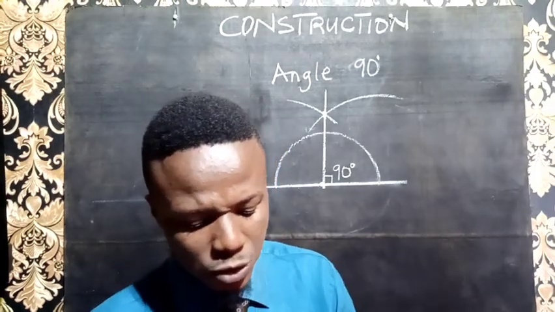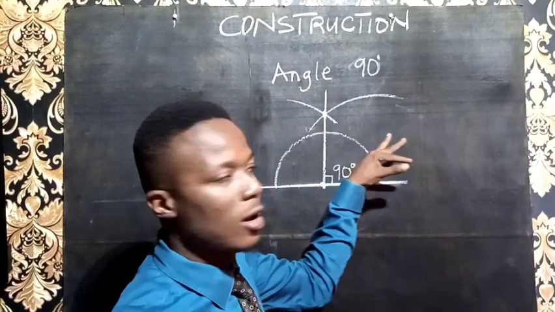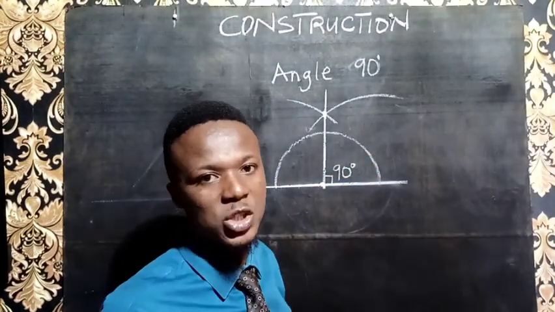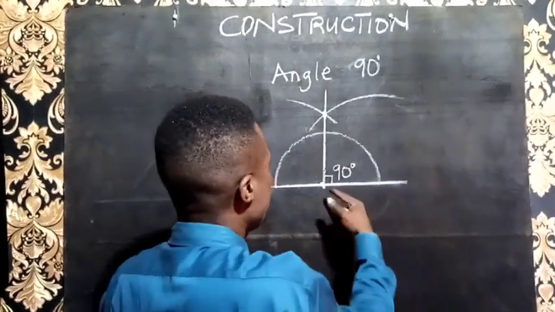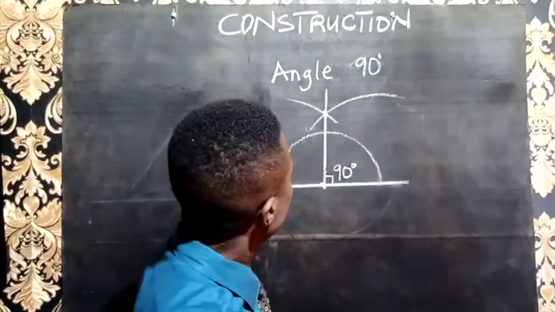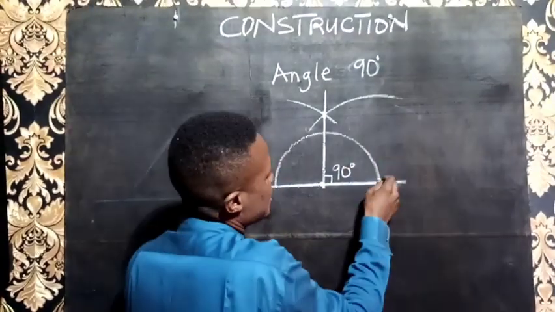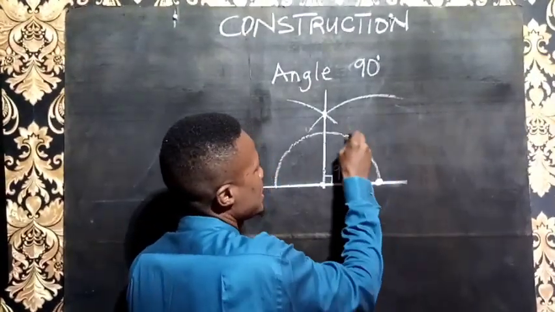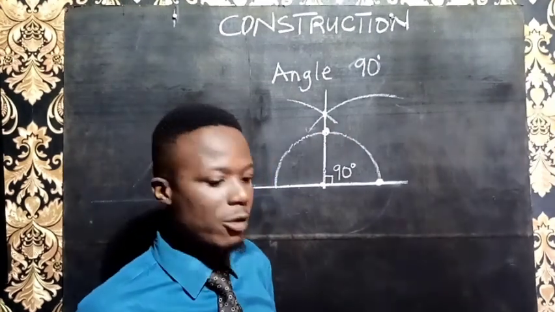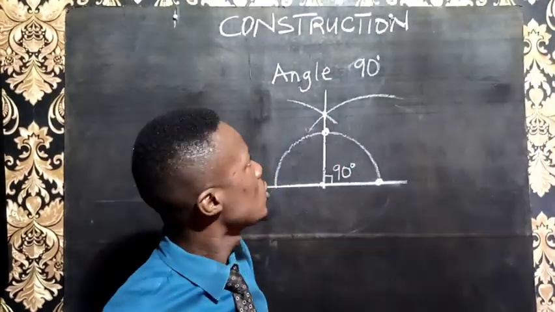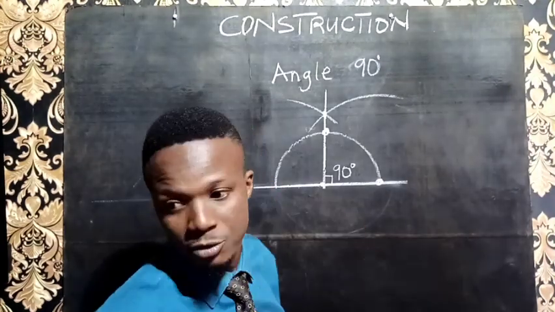Okay, now to do that, you can decide where you want the 45 degrees to be. Okay, so if you want it to face here, it's okay. If you want it to face here, it's okay. But let us make it face this side. Therefore, this is the size of angle from here till here that gave me 90 degrees. Hence, I'm going to bisect this size to get angle 45 degrees.